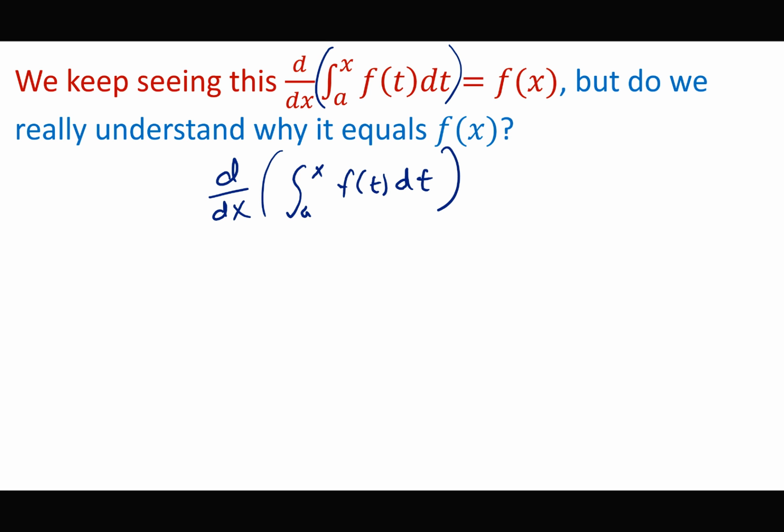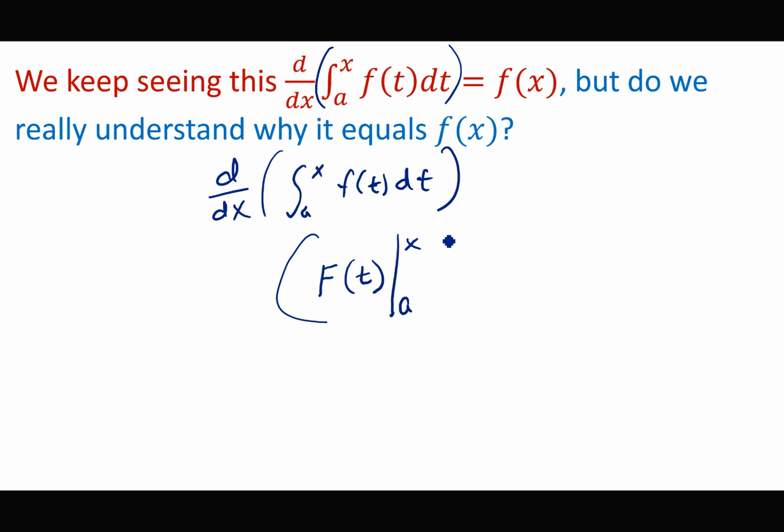So this is saying we're taking the derivative of this entire integral. And we've already talked about how integration is the same thing as anti-differentiation. So if I had some function f of t dt, the antiderivative would be capital F of t. We already know it's the antiderivative when I drop that integral symbol. And then I would evaluate at my bounds from a to x.